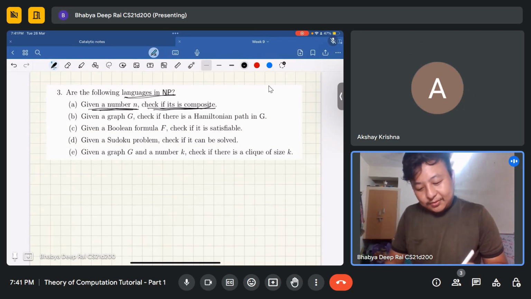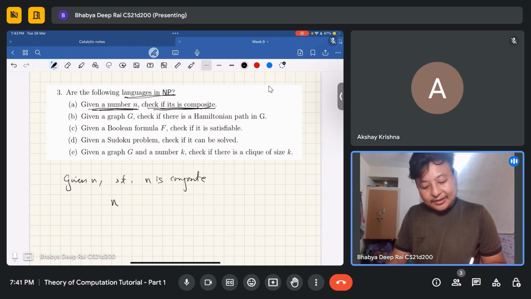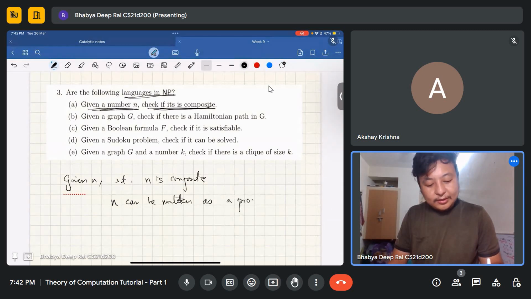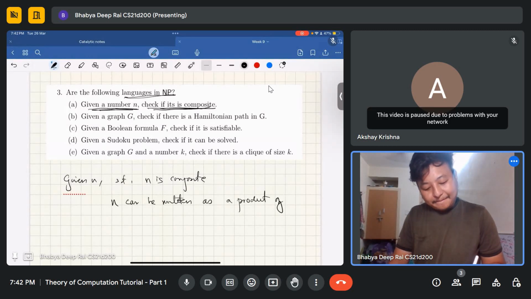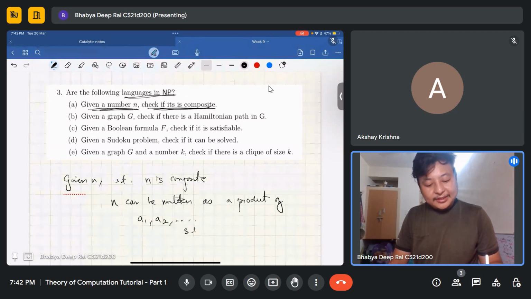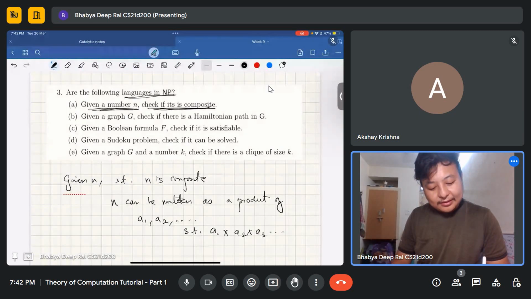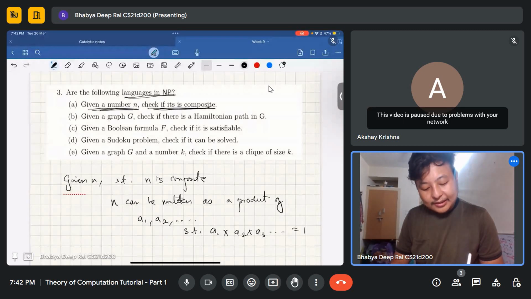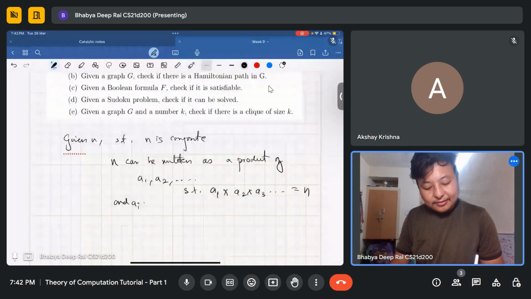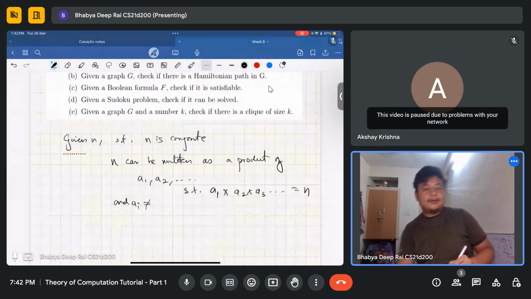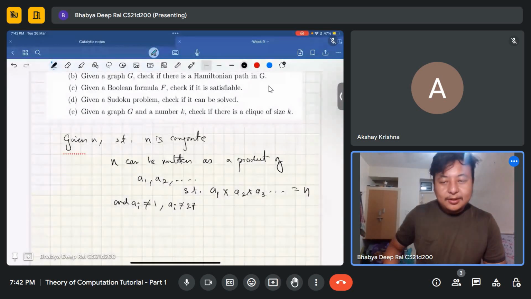So given n such that n is composite, n can be written as a product of a1, a2 and so on, such that a1 times a2 times a3 is equal to n, and these ai is not equal to 1 and none of the ai is equal to 27, otherwise I cannot differentiate between them. Right.